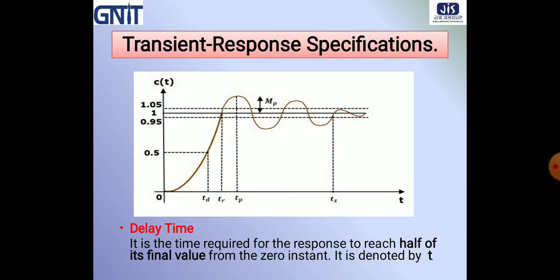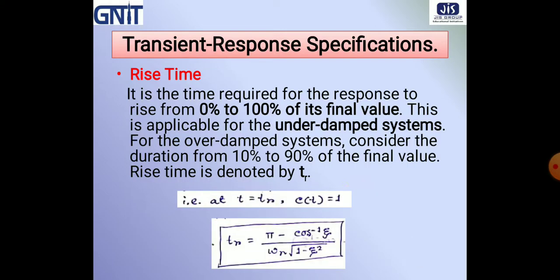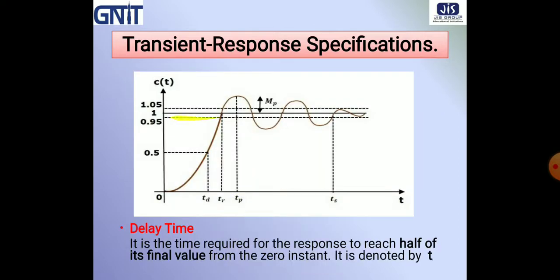Now one more thing, here it is also 100%, here it is also 100%, but the first time when it reaches 100%, that is called rise time. So at rise time, t is equal to Tr, c(t) is equal to 1, that means magnitude c(t) is equal to 1.